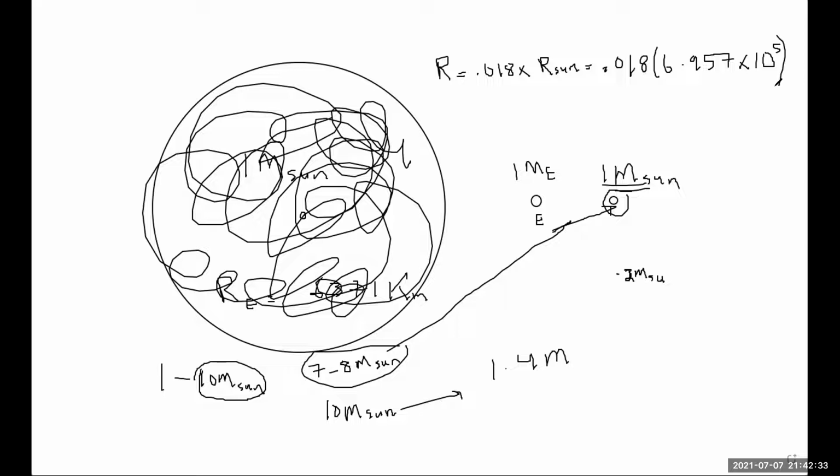The more mass you're adding on the white dwarf, the smaller it's getting, and it's starting to get denser and denser. So you're talking 0.018 times 6.957 times 10 to the 5th.